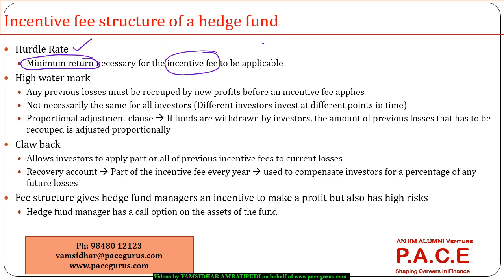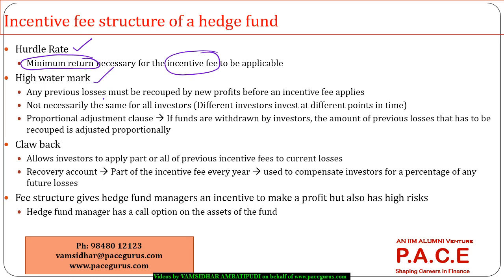Not that every time the incentive is directly applied. So there is a minimum amount of return that the fund has to generate. So from there only the incentive will be applied, and that is what is set as a hurdle rate. So this hurdle rate puts a cap on the incentive of the hedge fund manager.